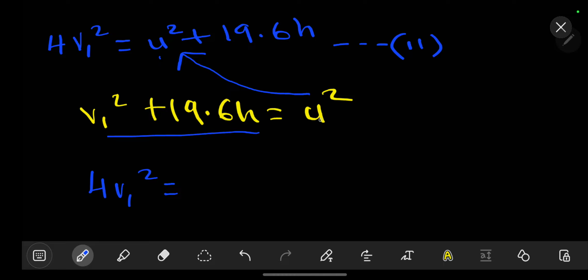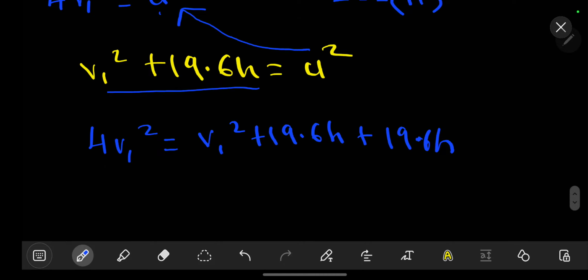That's the meaning, since it's u squared. So we have v1 squared plus our 19.6h, like that. We have plus our 19.6h like that.